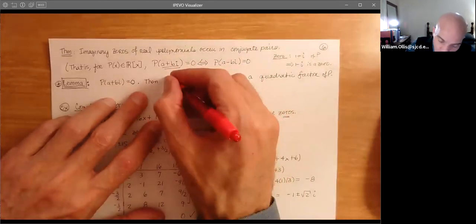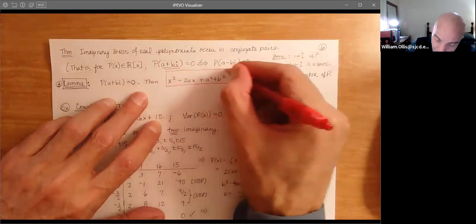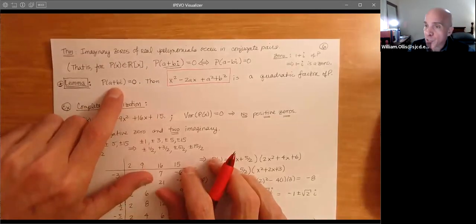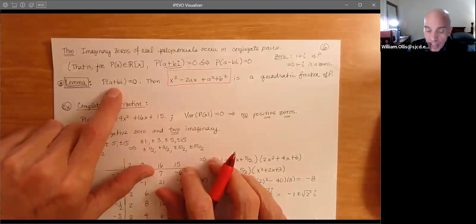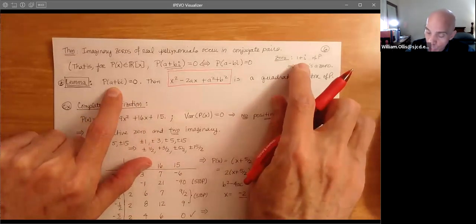And so the actual quadratic factor you can always build from the imaginary 0. That is, the quadratic factor responsible for this. We can even do it for this.